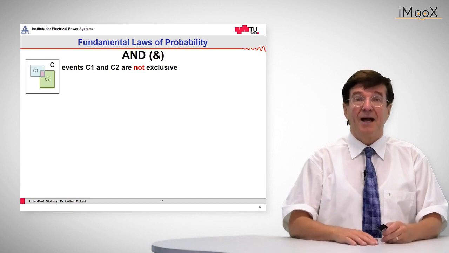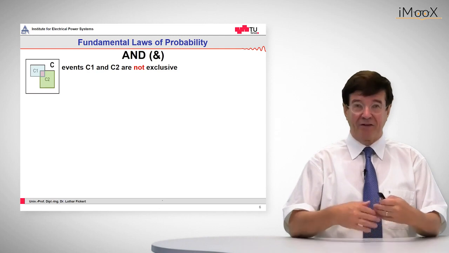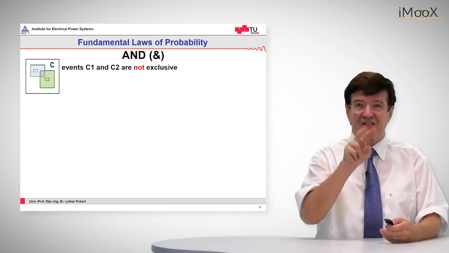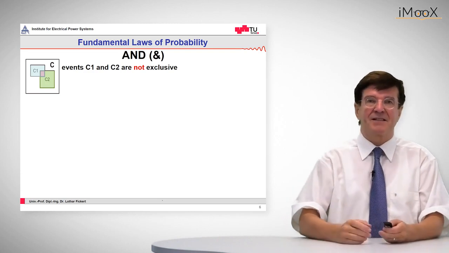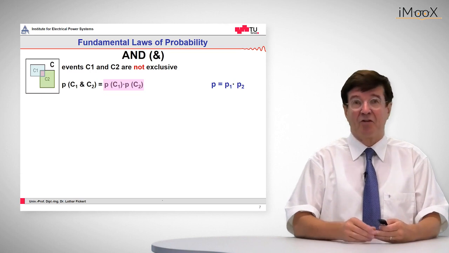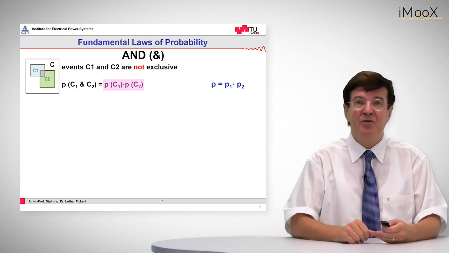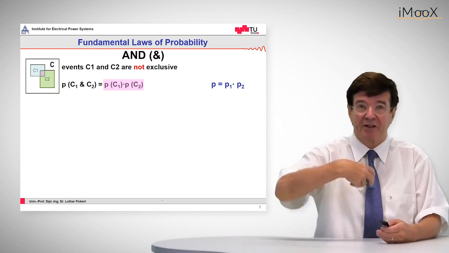So the AND law, as it is called, is applied if the event that we are looking for consists of two sub-events that must appear at the same time, and if these events are non-exclusive, then the product P1 times P2 gives the probability that both events occur at the same time.